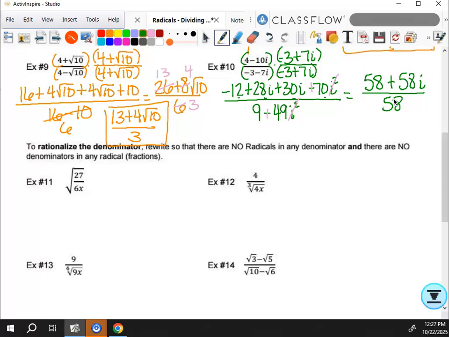All three terms are divisible by 58, right? If I cancel it all out, will I just be left with i? No, somebody would write that, I guarantee it. But when I can't, 58 goes into 58 once, right? I don't care about the 1 in the denominator, but this 1 right here that gets forgotten a lot is very important. Your answer is 1 plus i. You still have 2 terms in the numerator.